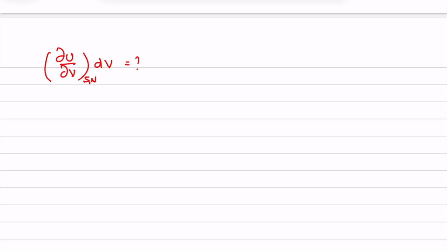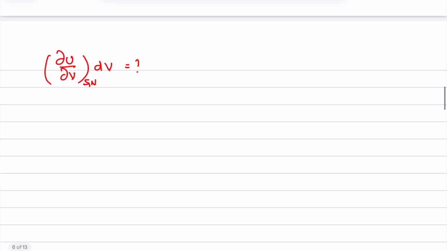When you keep the entropy constant and you change the volume, it is called isentropic.